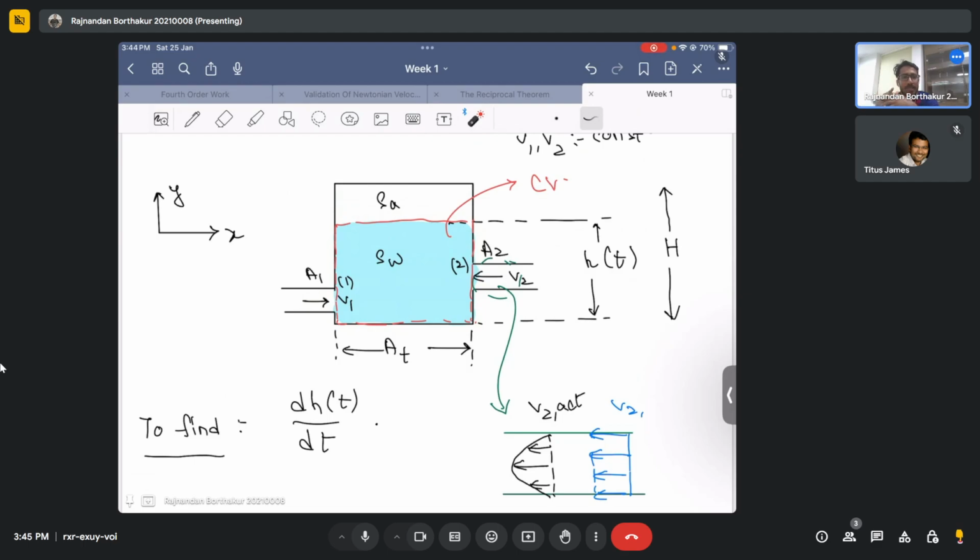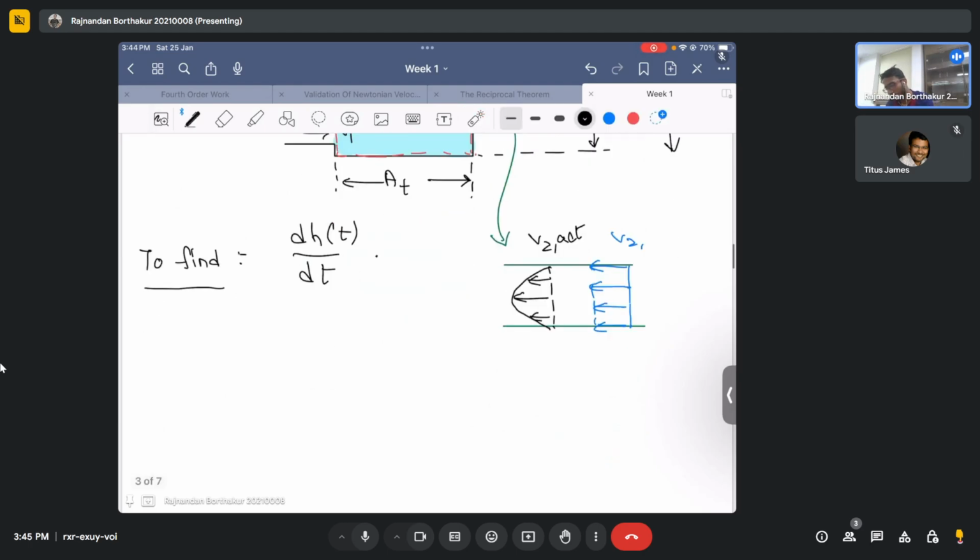So since we are talking about masses, we must apply RTT, which governs the mass conservation basically. So we'll apply RTT, the short form of Reynolds transport theorem, which I think you guys know by now, for mass conservation.